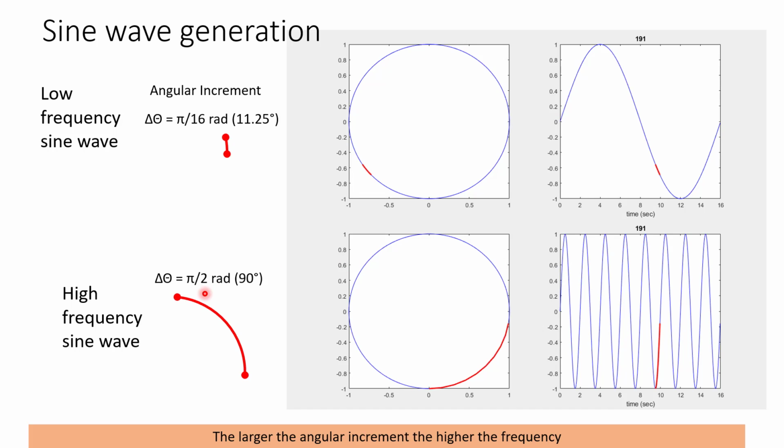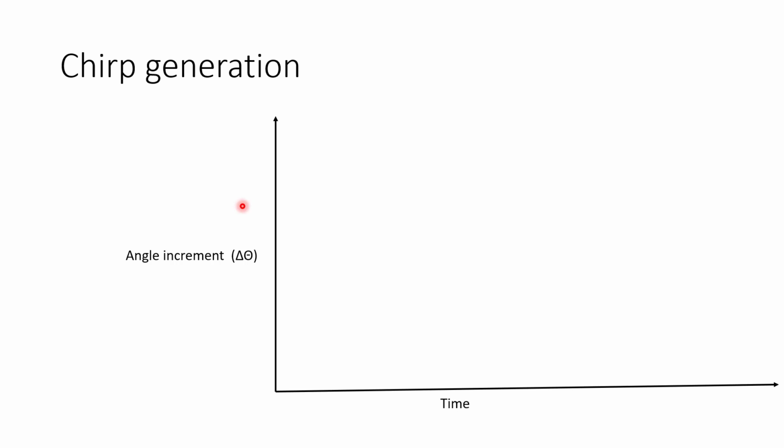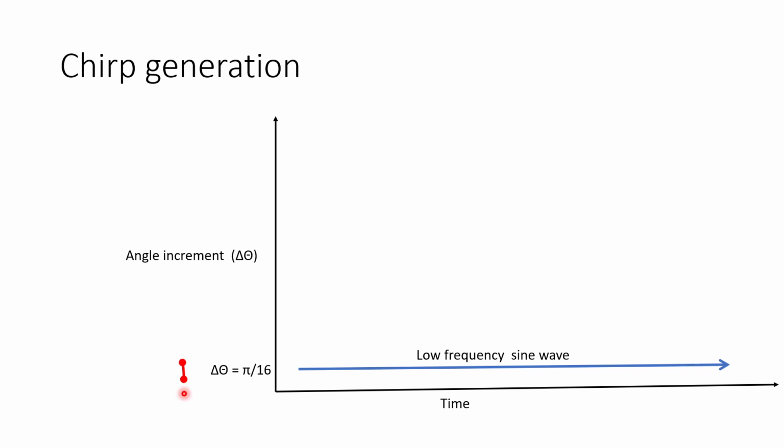And if we compare these two, so we look over time, for generating that low frequency sine wave, we added a small angle, this pi over 16, and we just added that angle over time. Here, the vertical axis is our angle increment, while the x-axis is our time.